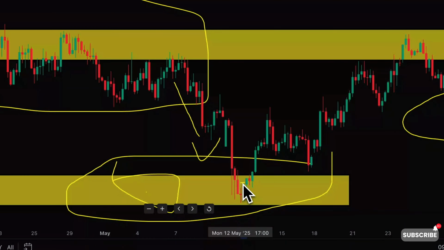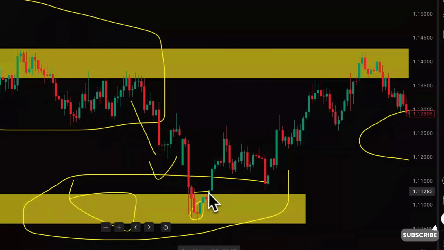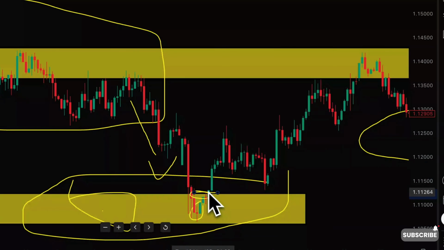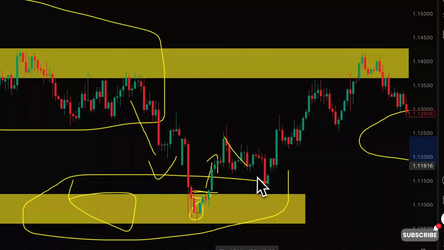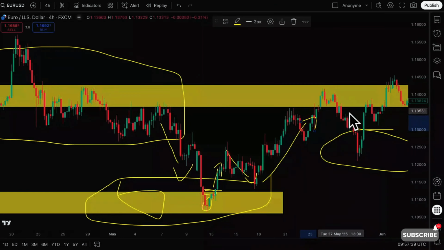You can see it here. We have a perfect signal. We have a doji in the zone here, followed by a bullish engulfing pattern. It's beautiful. We break out of the support zone here, and then the market goes up. It will come back to retest one last time and finally return to the top of the range, right there.